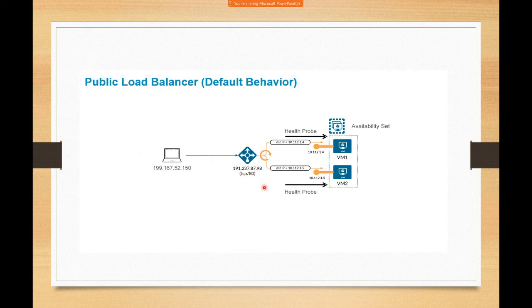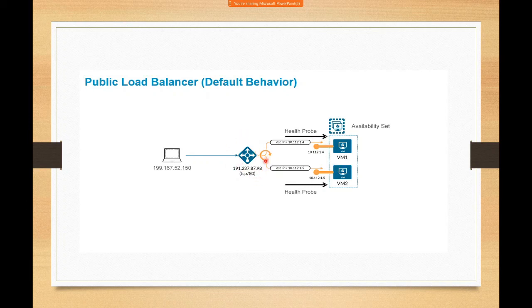Now let's assume you would like to publish an application, and your firewall is behind the load balancer. In that case you have to define the load balancing rule in the firewall, right?